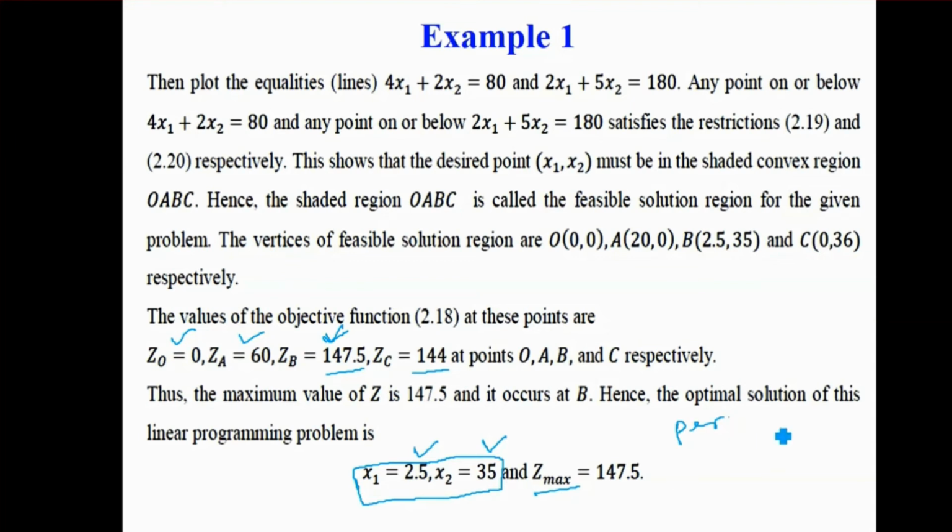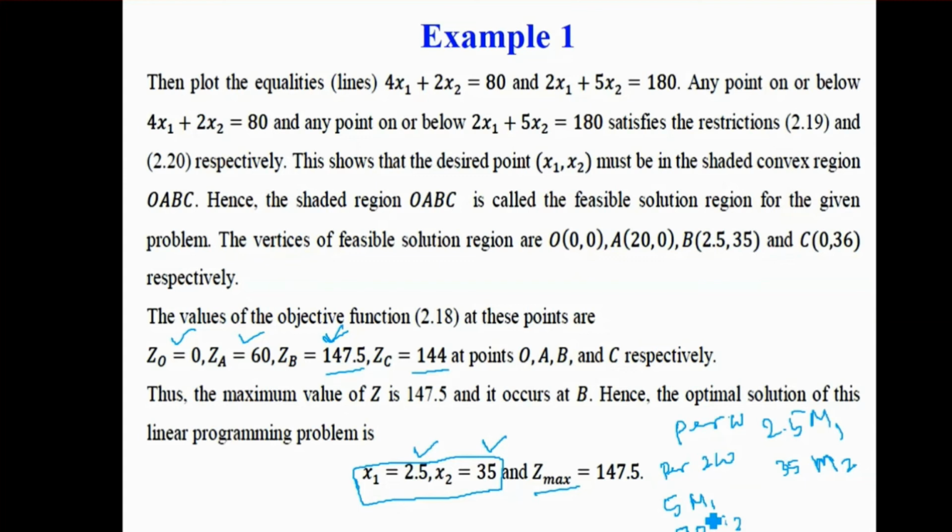So per week you have 2.5 m1 and 35 m2, okay, no problem. If we are taking per 2 weeks, then it will automatically round off to 5 m1 and 70 m2. So this thing you can do.